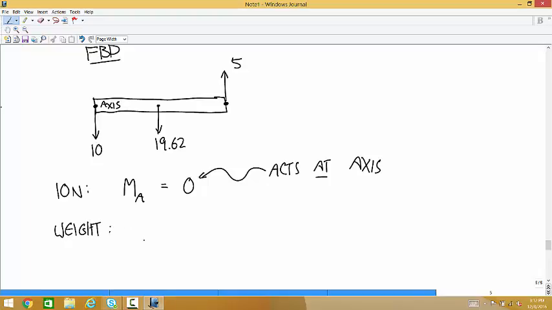The absolute value is the force, 19.62, times the distance from the axis to the force. What's that distance? It's not the whole length of the thing, it's just from here to here, so it's 0.5.